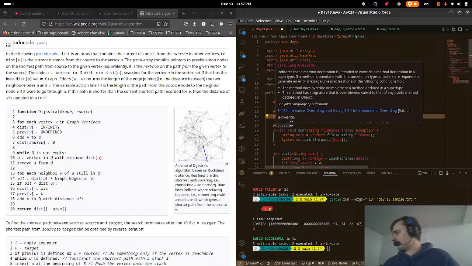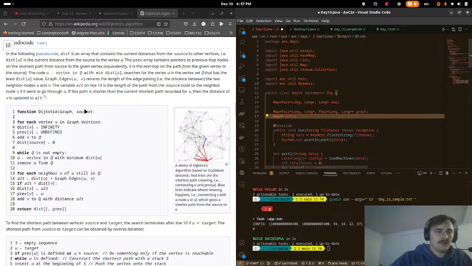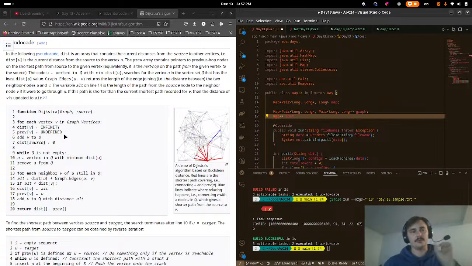This is going to be from a starting position, right? Yeah, for each vertex, distance to vertex equals infinity. Okay, so this is actually inside of a loop. Let's try to do it just like this down here.